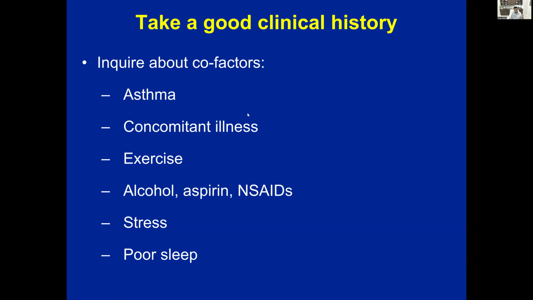So you ingest the food, but on top of that, if you're sick, let's say with a viral infection, if you have uncontrolled asthma, if you have consumed alcohol or aspirin or NSAIDs in addition to the food, or if you're under stress, or if you eat and exercise, these are all what we call cofactors that lower the threshold for mast cell degranulation. So you're more likely to have a reaction. Okay, so it's important to inquire about these.